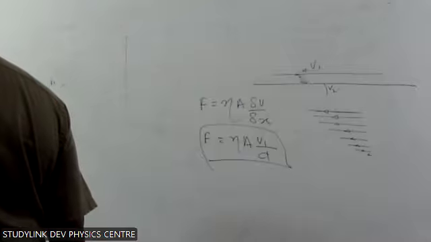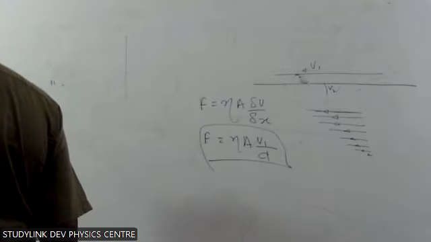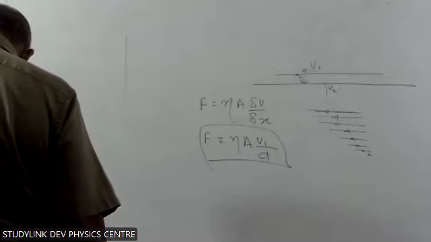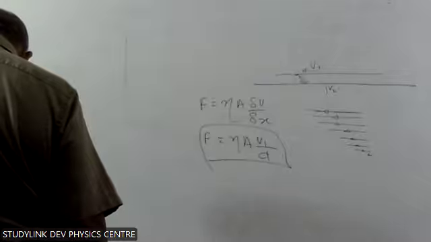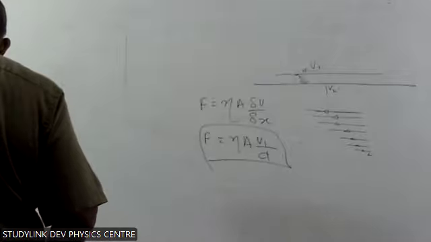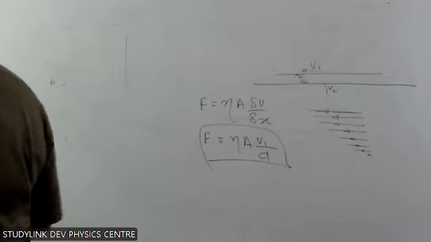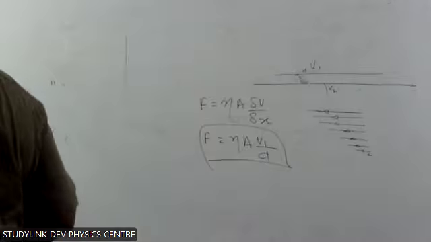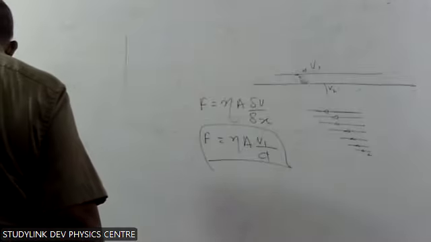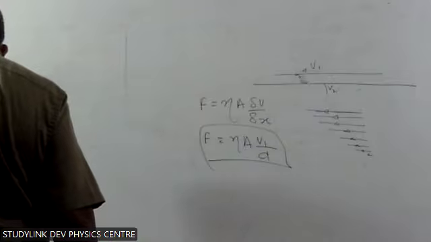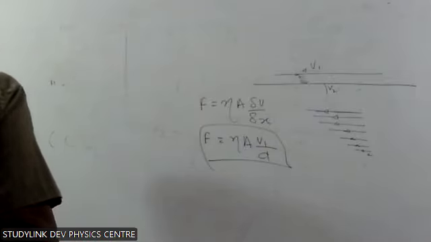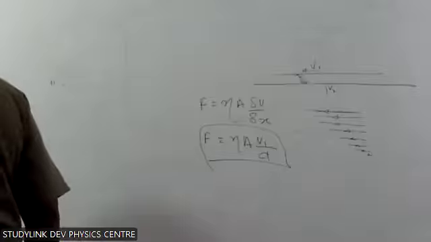If a thin layer of oil is applied on the floor, the horizontal force required to push the block with the same velocity reduces to 0.05 newton. The contact surface area of the block is 1 times 10 to the power minus 2 square meters. Calculate the coefficient of viscosity of the oil. Find the effective coefficient of sliding friction between the block and the floor after applying the oil layer. But here the first one we have to consider.